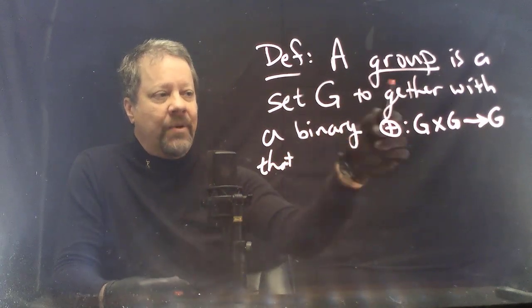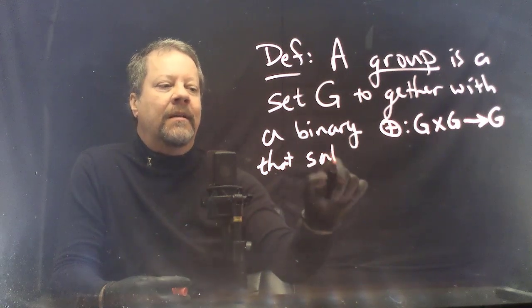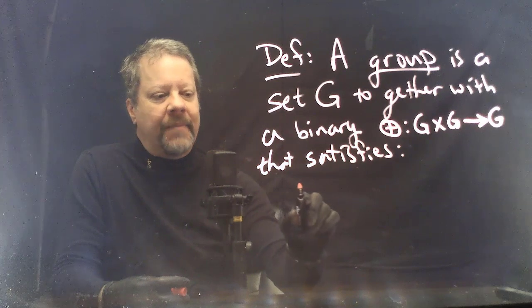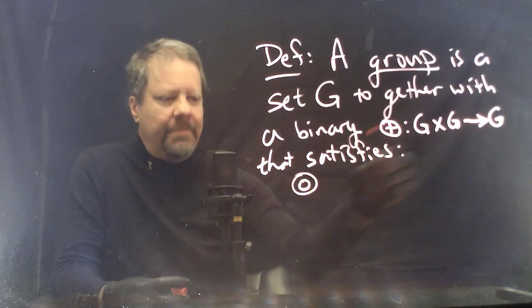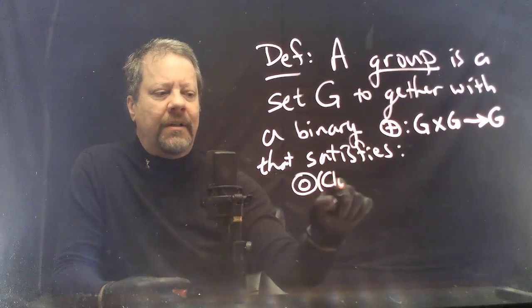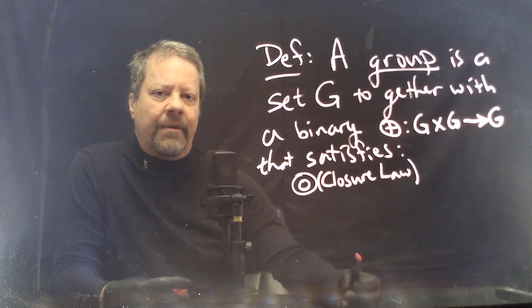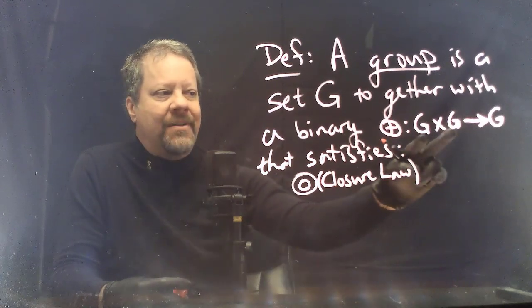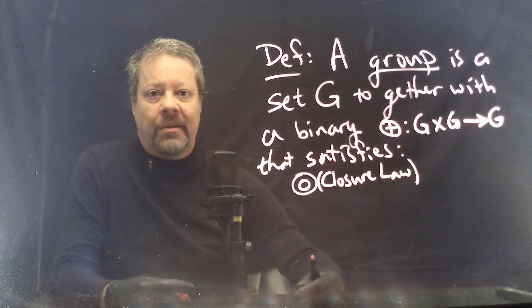So a group is a set together with a binary operation that satisfies the following properties. Just for emphasis, I'm going to give you the 0th property of a group. It's called the closure law. It's kind of implied by something that we've already written here. The closure law says that when you add two things in the group using circle plus, you get something in the group.